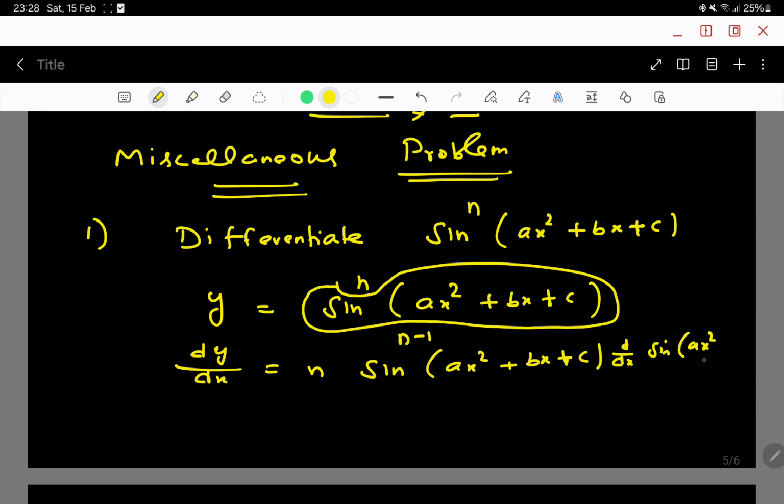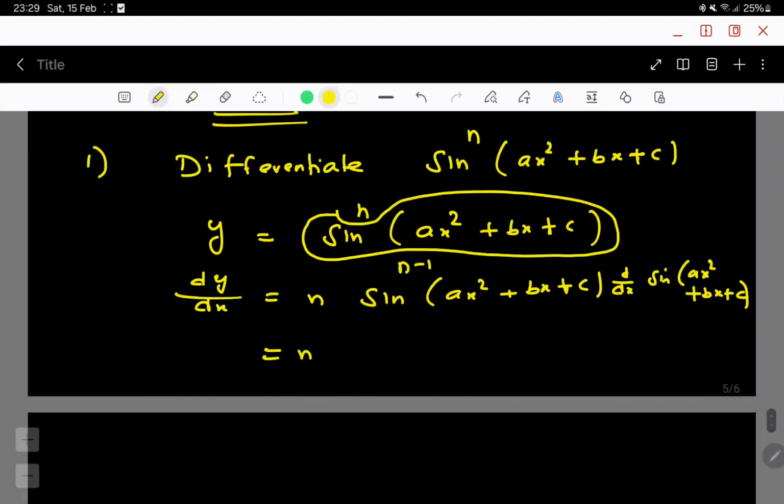So d by dx of sine of ax square plus bx plus c is cos of ax square plus bx plus c. Again differentiating ax square plus bx plus c, that is the chain rule.